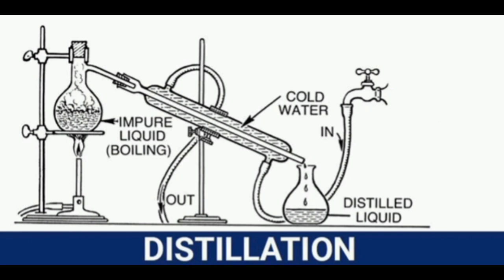That's fractional distillation. So generally, the physical property that makes it possible for distillation to take place is the difference in boiling points of the components. Remember, these are miscible liquids that can mix together, like coke and water.